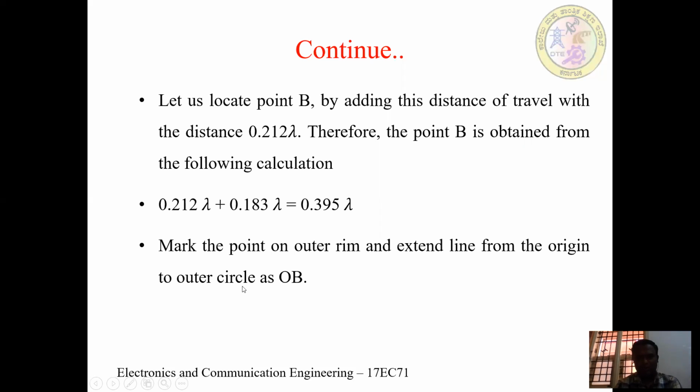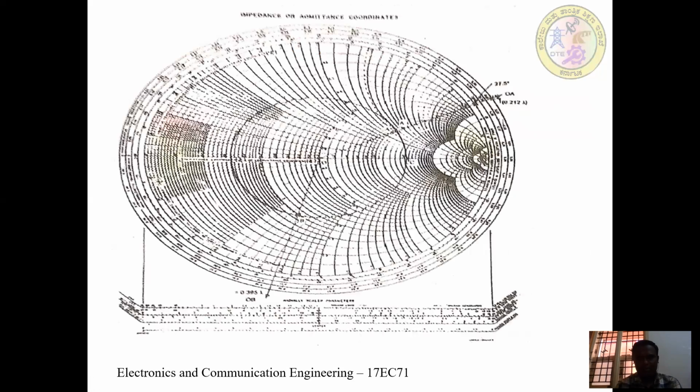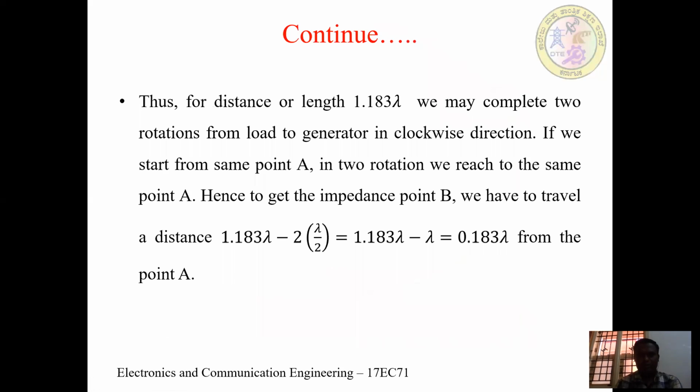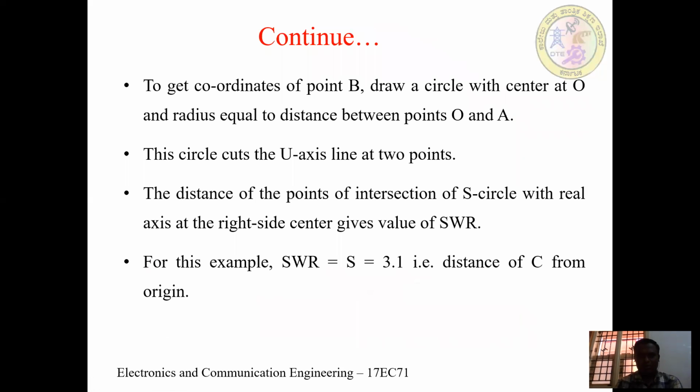So this is 0.395, you can see this point 0.395. So point B is located. Join O and B, so you get a straight line. Extend this through point O. So you got the line OB.